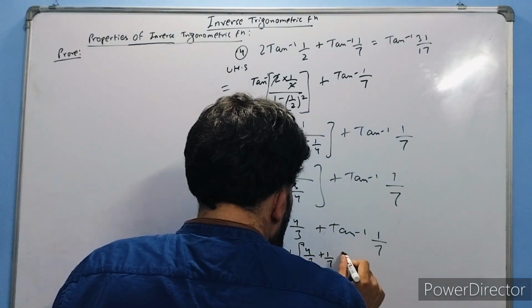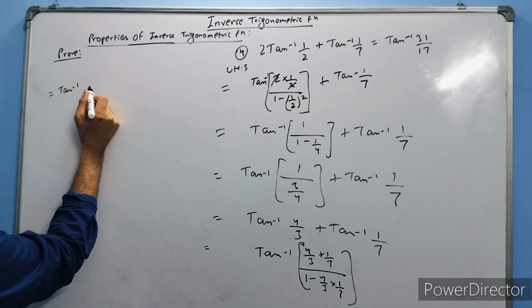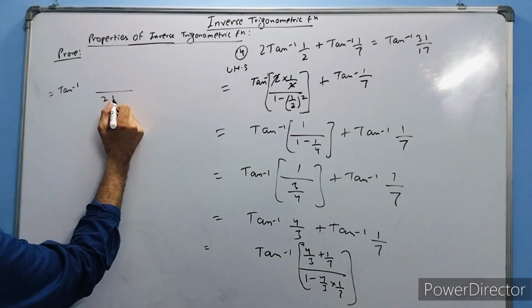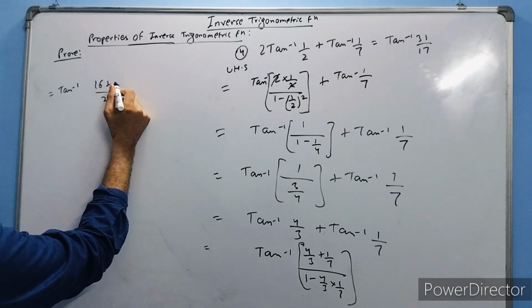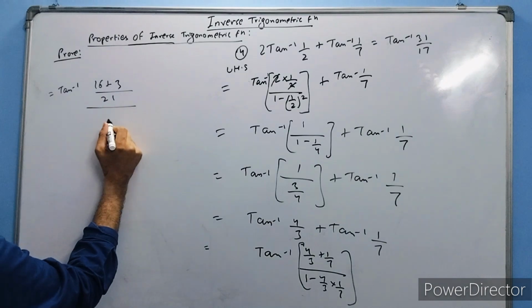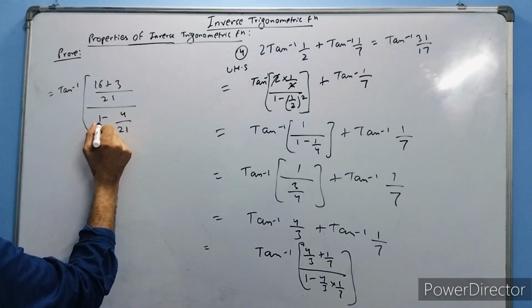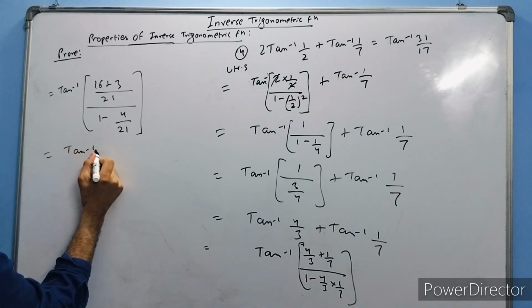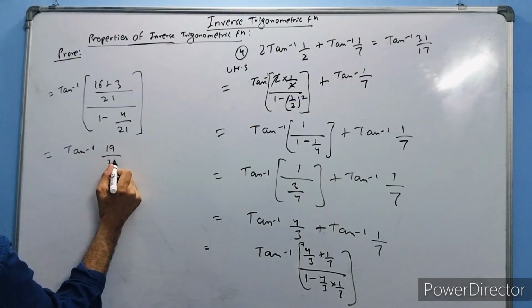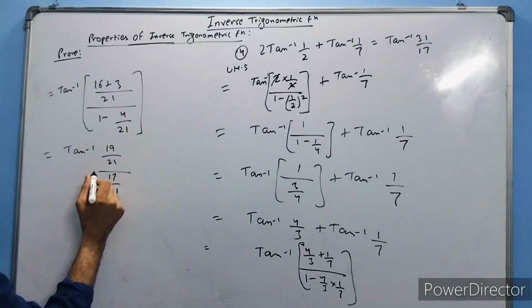So now we'll try to solve it. We have tan inverse of 21 plus 3, upon 1 minus 4 upon 21. So now we have tan inverse of 19 upon 21 upon 21 minus 4, 17 upon 21.